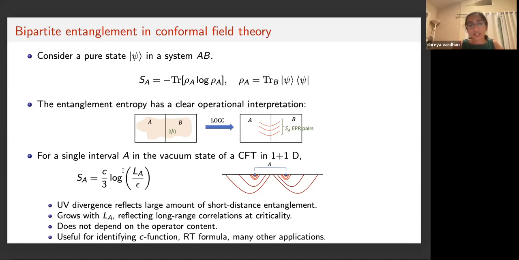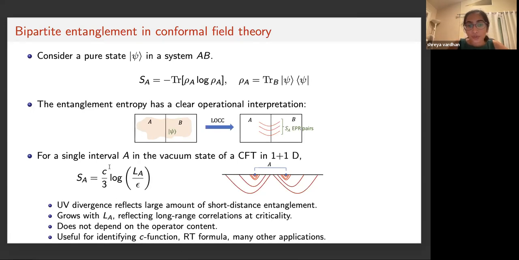And this universality has been very useful for applications such as starting with this expression and motivating the definition of a C function in any relativistic QFT in 2 dimensions, which is a function which behaves monotonically under RG flows.